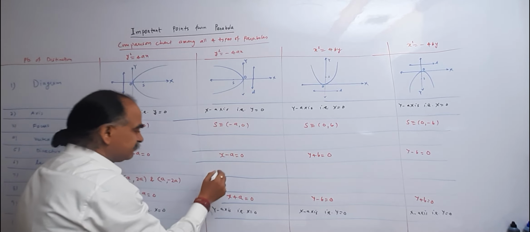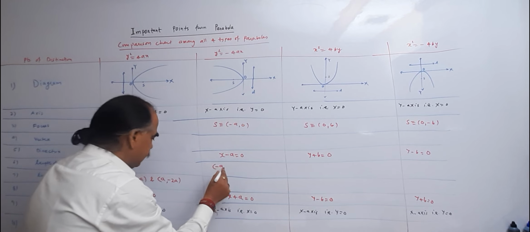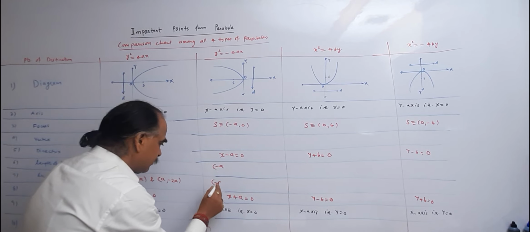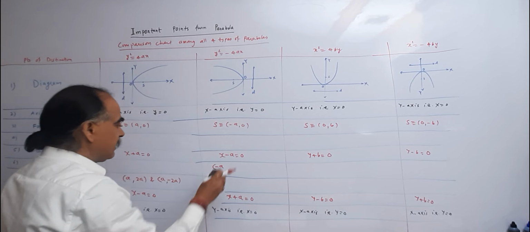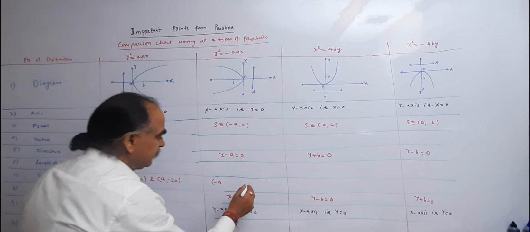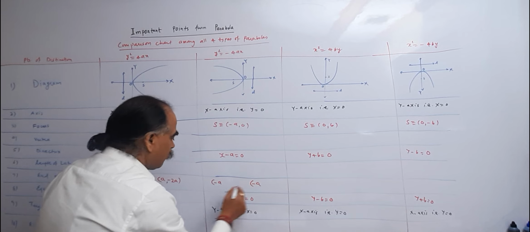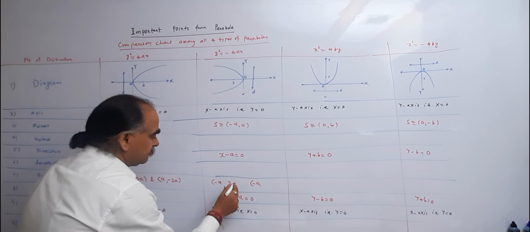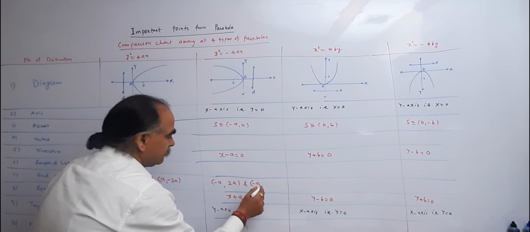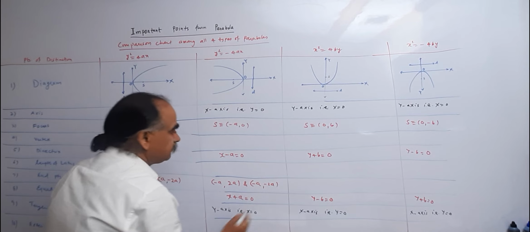Here focus is what? Minus a. So both end points will have x coordinate minus a. Y coordinate is double of this. One is plus 2a, second is minus 2a.